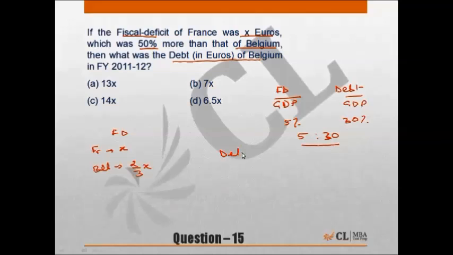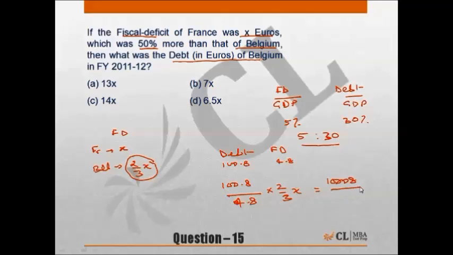But we know that the fiscal deficit of Belgium is 2 by 3 of X. So debt of Belgium should be 100.8 upon 4.8 into 2 by 3 of X, which is nothing but 1008 upon 48. I'm sorry, 1008 upon 48 into 2 by 3 of X.